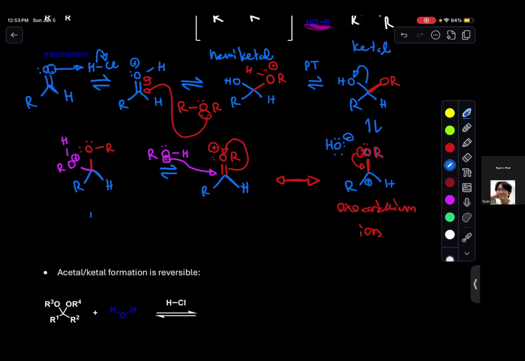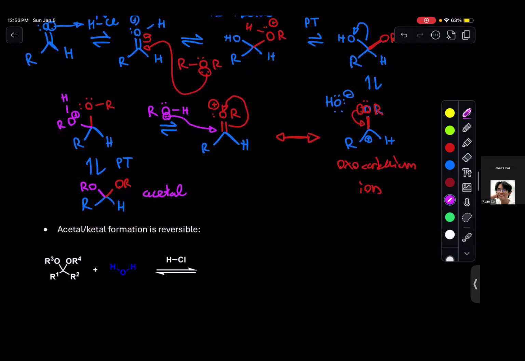And then from here, proton transfer, and you end up with your final product, which is going to be a full acetal. Just acetal, yeah. Okay, cool. Acetal.